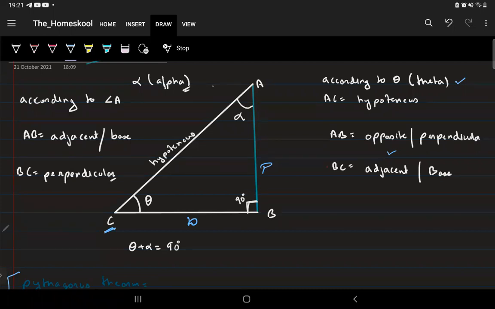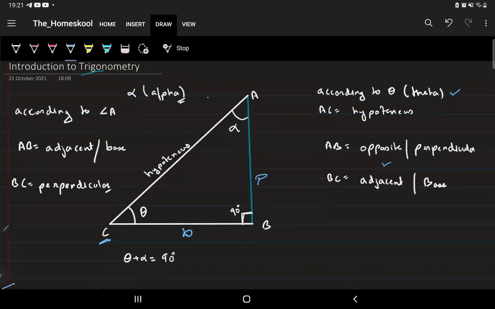Base, not perpendicular. Base for angle alpha will be AB. Got it? Right? So for angle alpha, which is angle A, base will be AB.